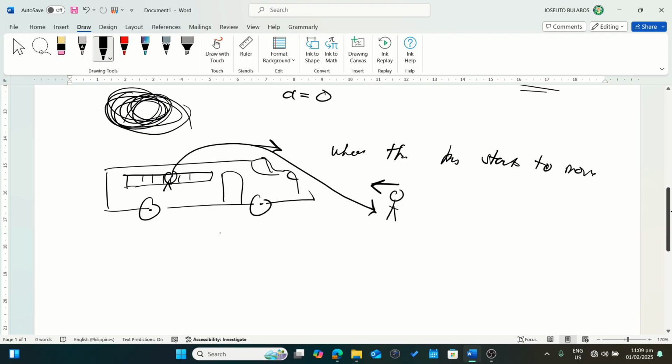So as the bus starts to move in this direction, our body tends to move backward.